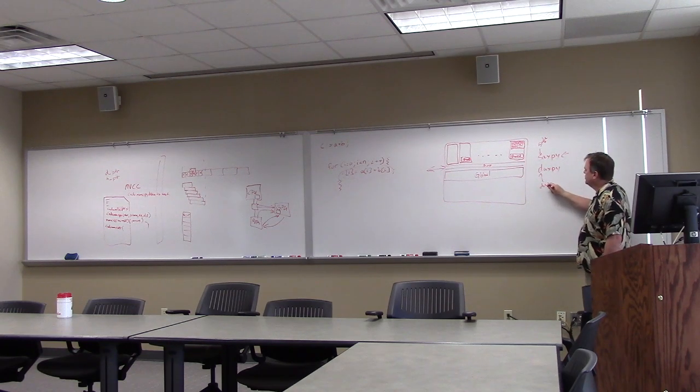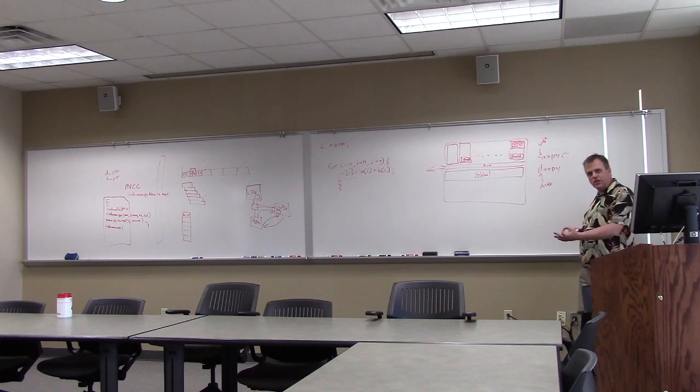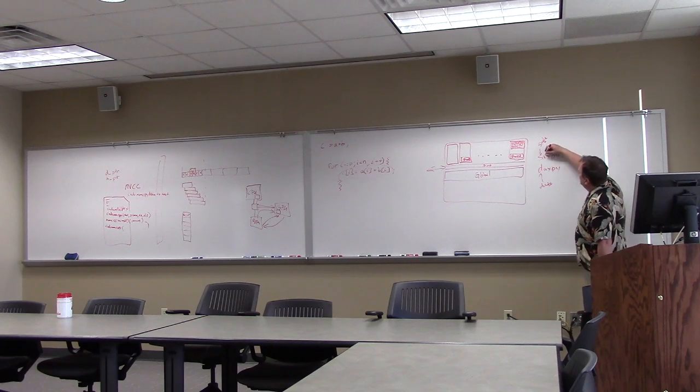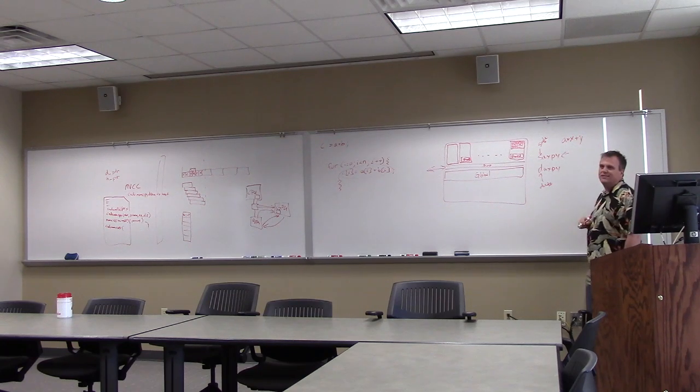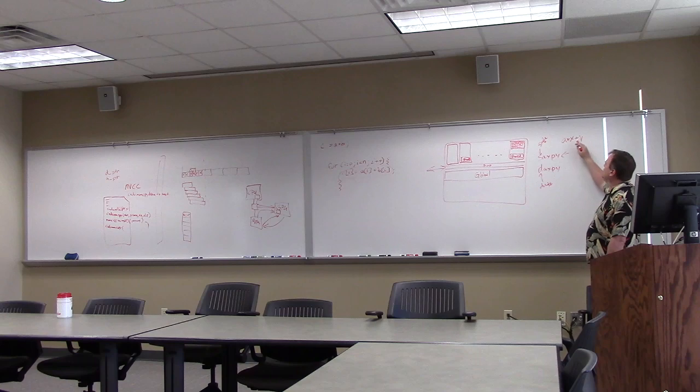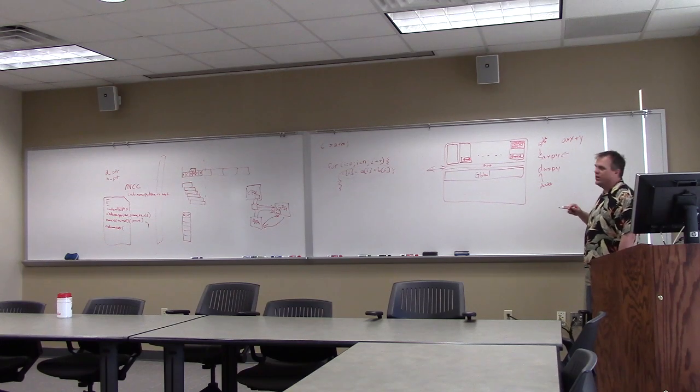So it's telling you your precision. Am I dealing with single precision floats or double precision floats? So that's the S or the D. All right? AXPY. This is A times X plus Y. That's what it means. Okay? So when you see AXPY, it means A times X plus Y. Okay? Am I doing it in single or double precision?